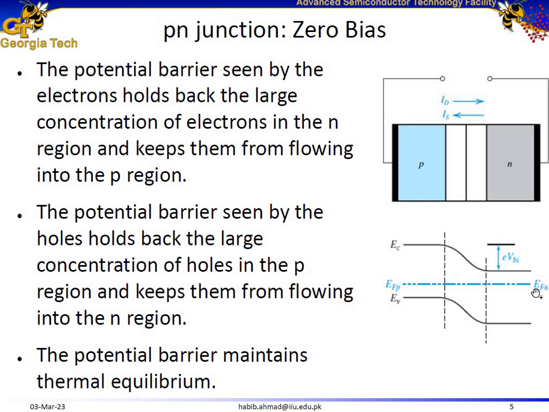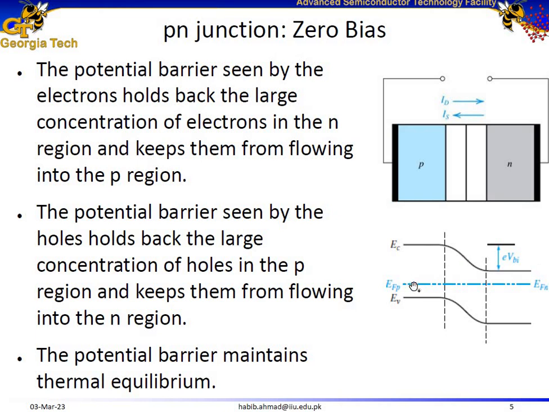But if you dope it heavily, this Fermi level gets closer and closer to the conduction band. And if you increase this doping to above 10 to the power of 20, for example, then this Fermi level would even cross the conduction band energy level, and then the Fermi energy level would be above the conduction band.